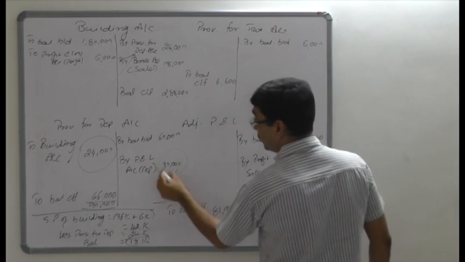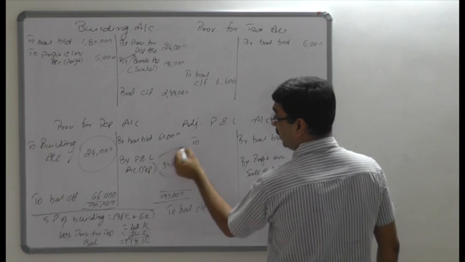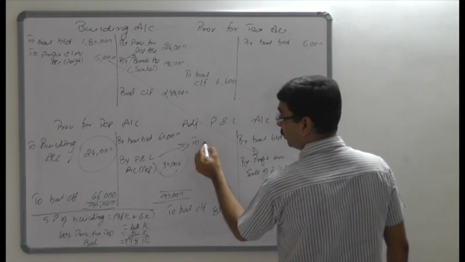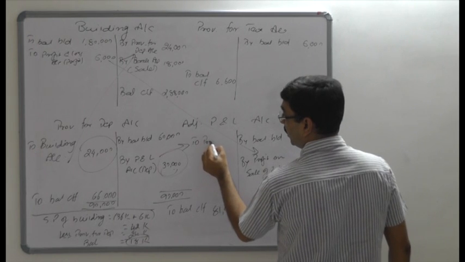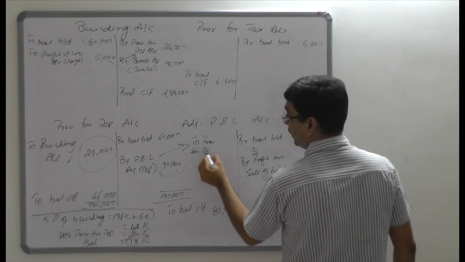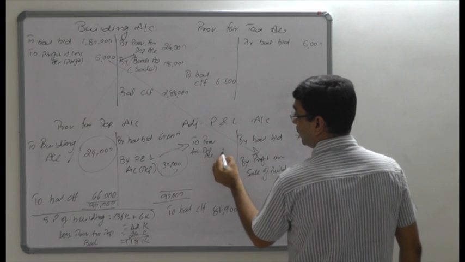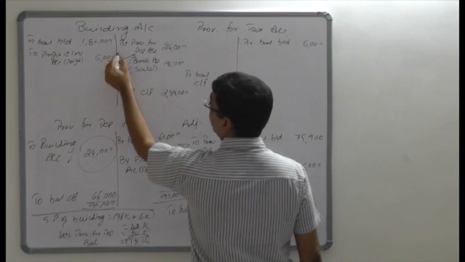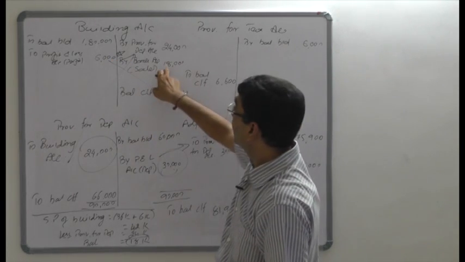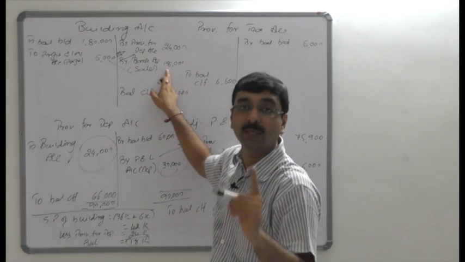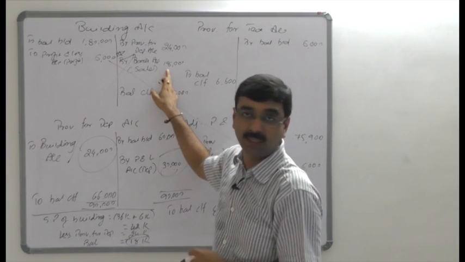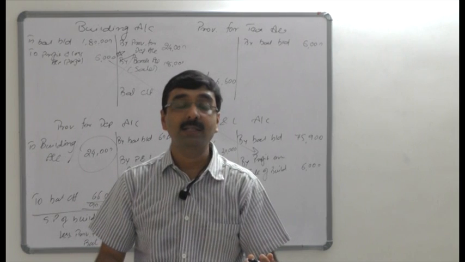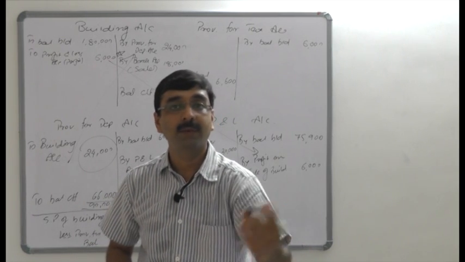Then another is depreciation, which is transferred here, to provision for depreciation account, and that is 30,000 rupees, correct? And this bank entry, we make a star over here. This entry would be recorded in the cash flow statement under investing activity. In investing activity, this is a cash inflow, realization of a certain amount due to the sale of building.